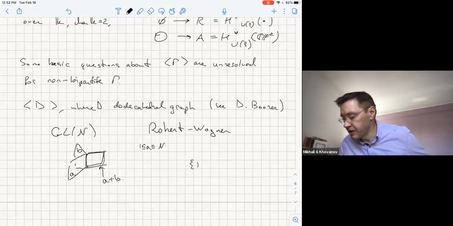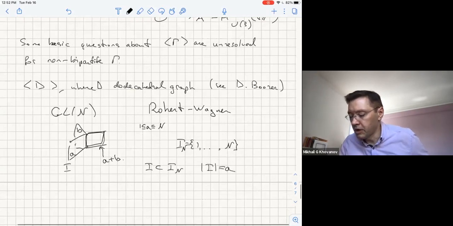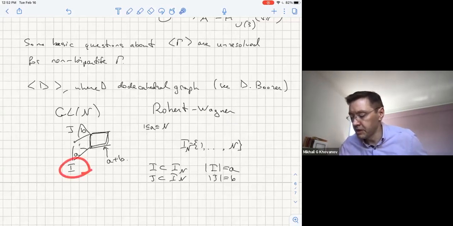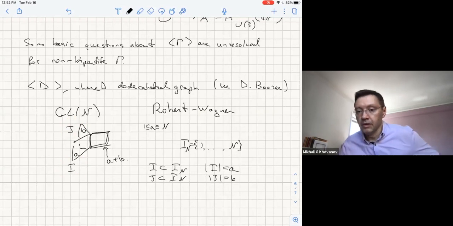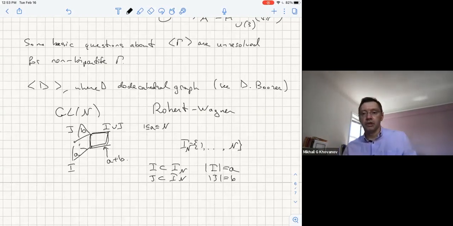So then you have a set of colors 1 through n. Let me call it I sub n. And then you color a facet of thickness A by I, where I is a subset of I sub n of cardinality A. And you color a facet of thickness B by J in I sub n of cardinality B. And given this I and J, the facet into which they merge must be colored by I union J, disjoint union.